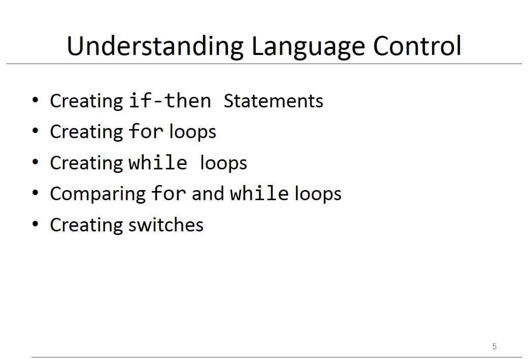We can now use the comparison operators in our control structures. In this section, we will teach you how to create if-then statements, for loops, and while loops. We will also compare both for and while loops. We finish by discussing switches, which are an interesting alternative to if-then statements.